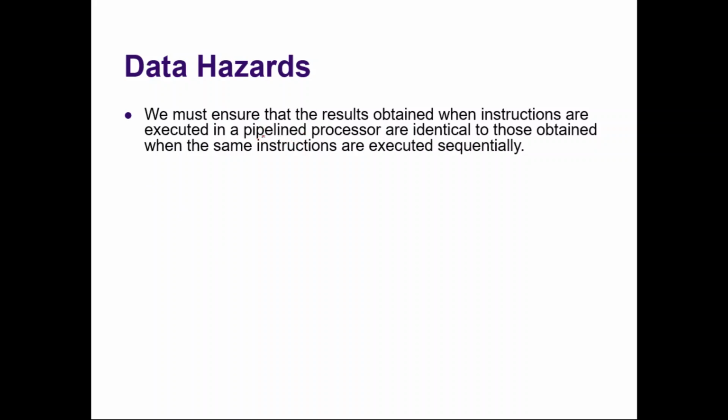That's what is being checked here. We must ensure that the results obtained when instructions are executed in a pipeline processor are identical to those obtained when those instructions are executed sequentially. A hazard occurs in this type of situation when, for example, let us call this instruction 1 and this instruction 2. We call this the destination operand and this the source operand.